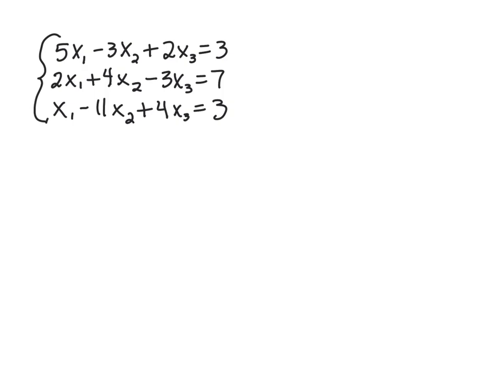Okay, here we go. Process of elimination. In this case, we have to pick what we want to eliminate. That's still step 1. But step 2 is I have to eliminate that variable in 2 different ways.